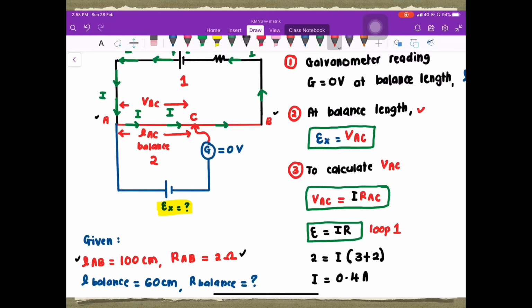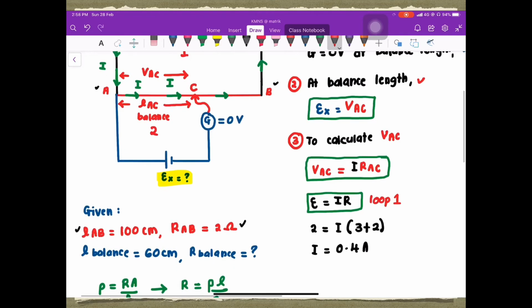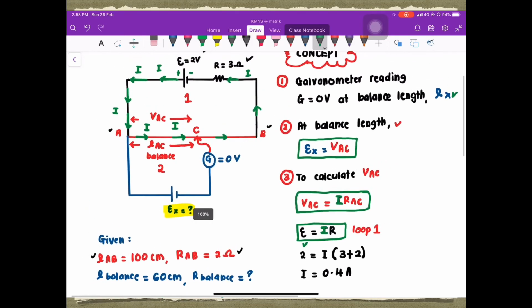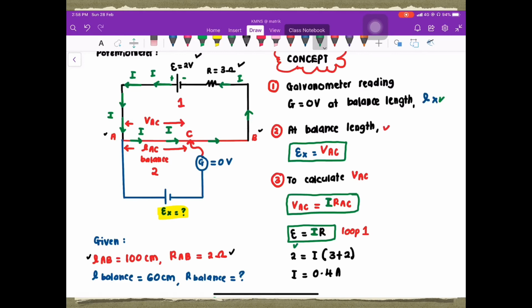To determine the value of this current, which should be the green color, using Ohm's law, we substitute the value of EMF here, and then the 3 ohm external resistance.